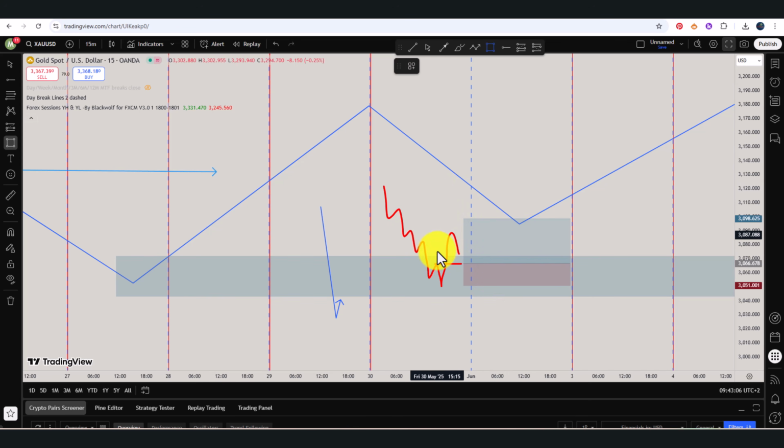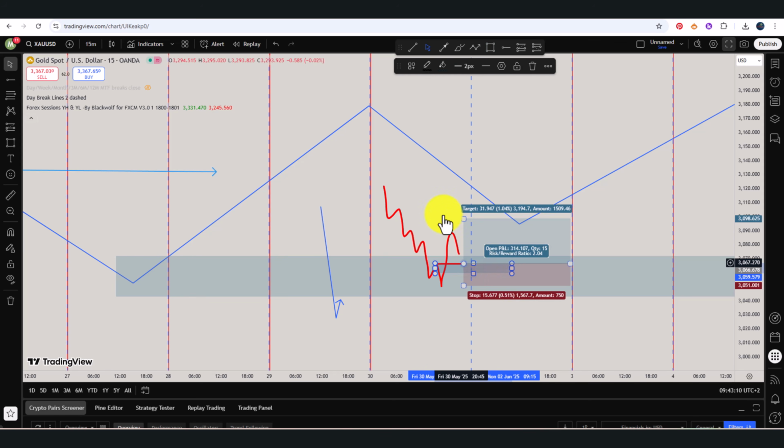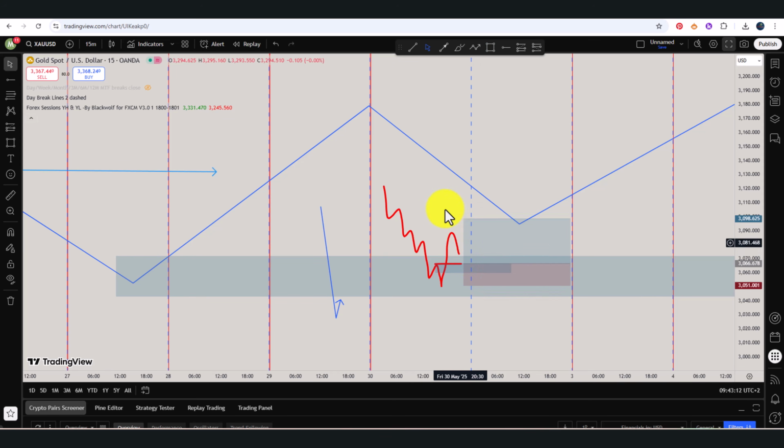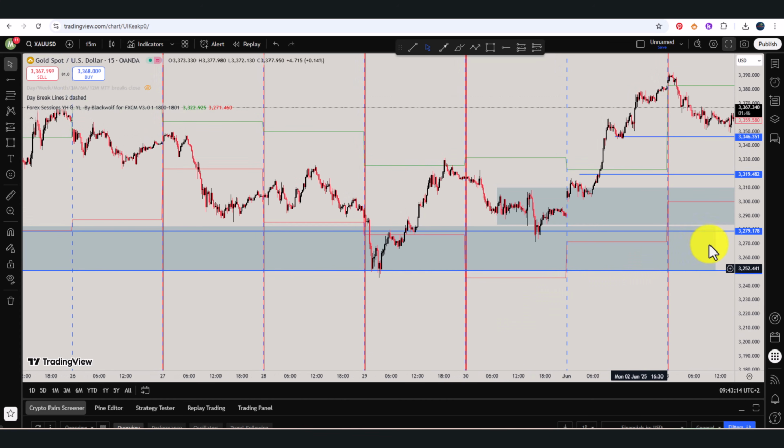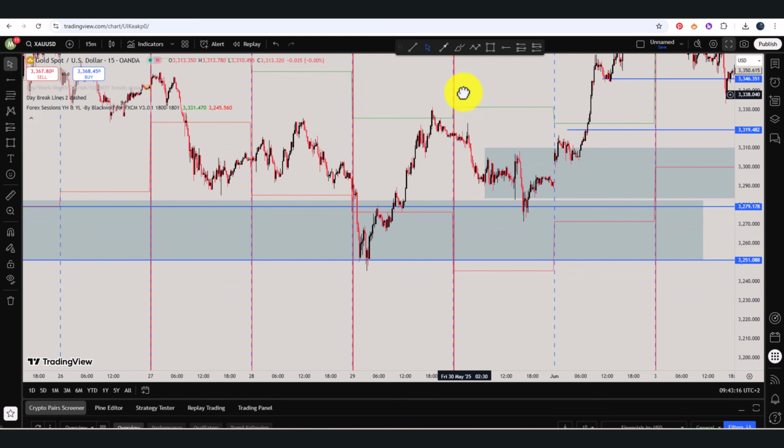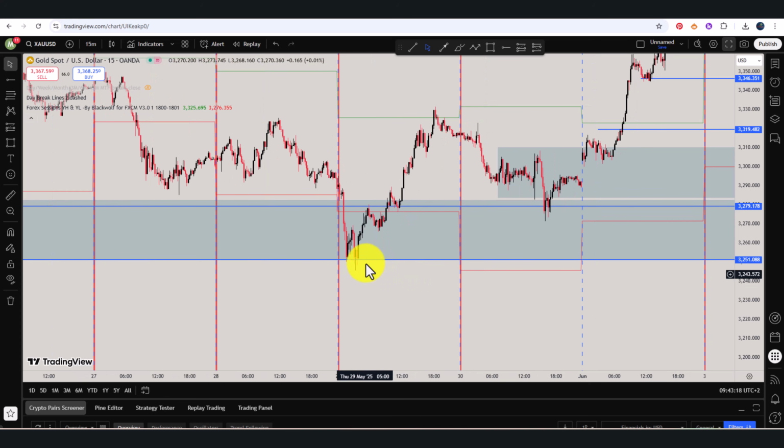So here you have what you call a breaker block. That breaker block is going to guide you in where to put your limit. So let me just show you here quickly. What you want to do here is to identify the breaker, which is right at this point. This candlestick is your breaker. After price goes away, what you're going to be doing is to set your limits just on top of that breaker.